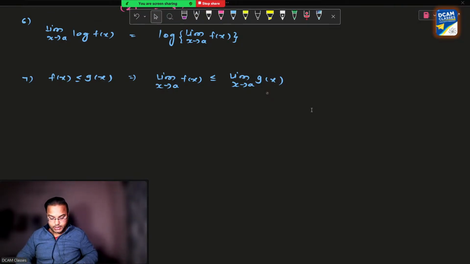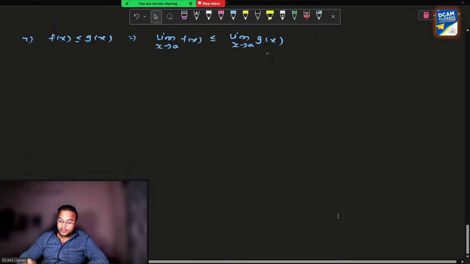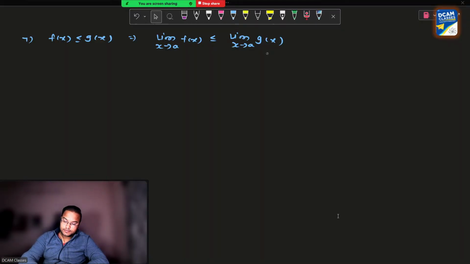So now the properties are done. Let me give you some questions. Actually, usually there are standard formulas that you should remember while solving a question. I'll give you those formulas.